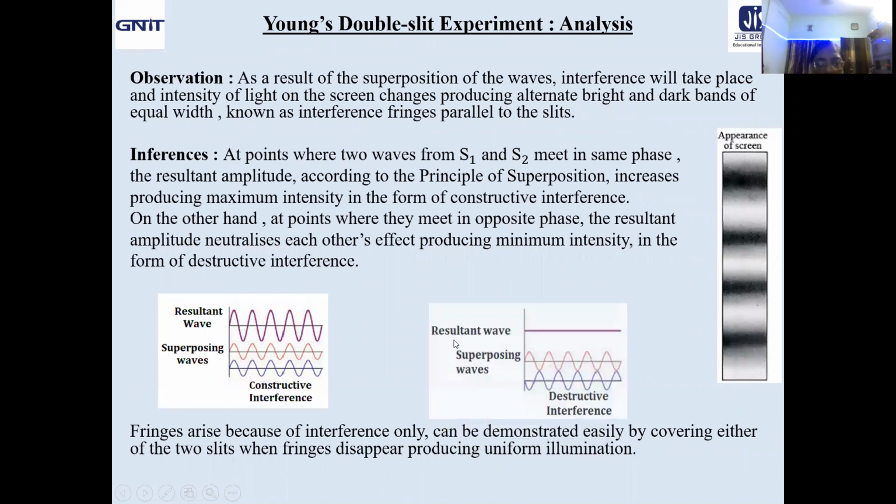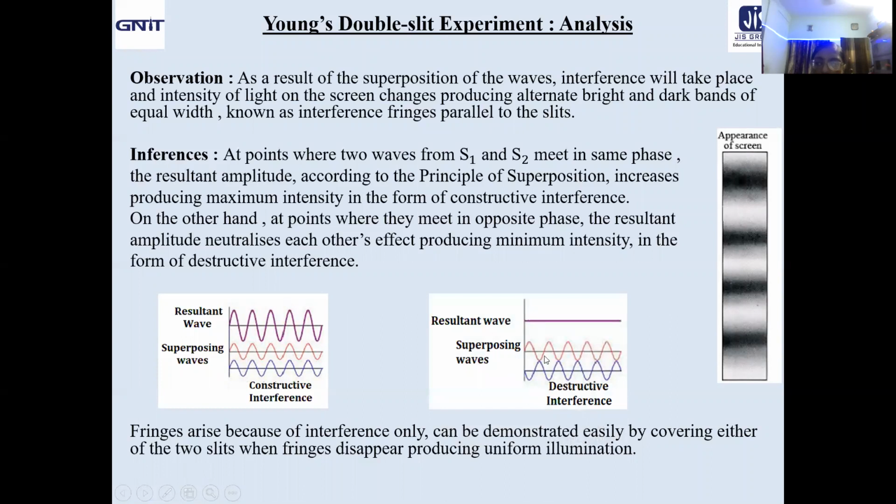But look here, how the superposing waves are working. This is, say, due to S1, coming from S1, so you are getting crest and trough this way. And this is the other superposing wave coming from source S2. How are they meeting? Just in opposite phase. With crest you are getting trough, with trough you are getting crest, again with crest you are getting trough, and so on.